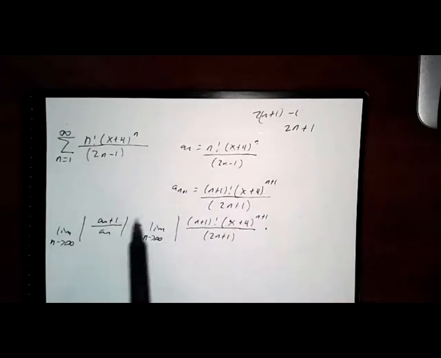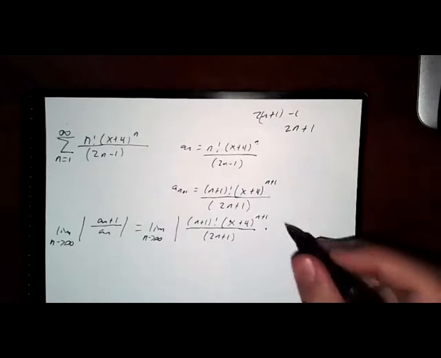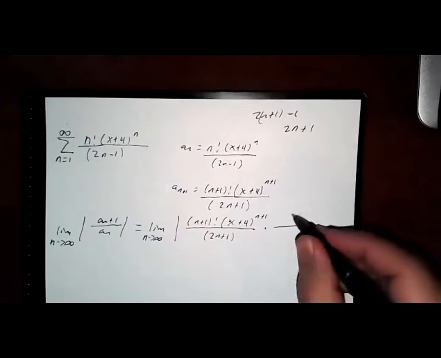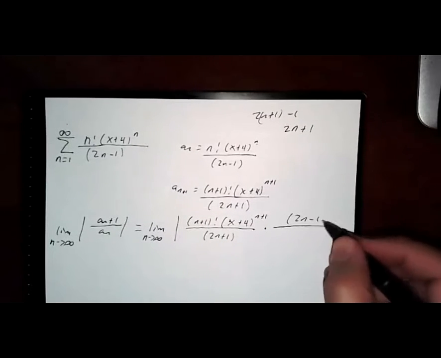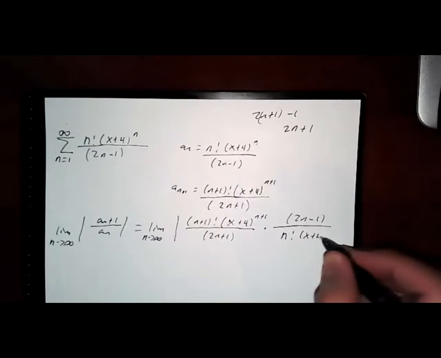Times, so I'm going to skip a step. A sub n's on the bottom. I would flip and multiply this fraction. So that would be 2n minus 1 over n factorial times x plus 4 to the n.